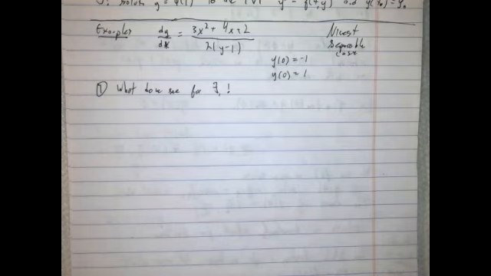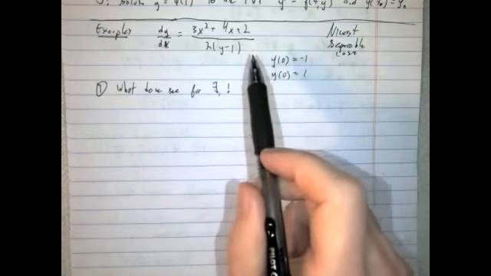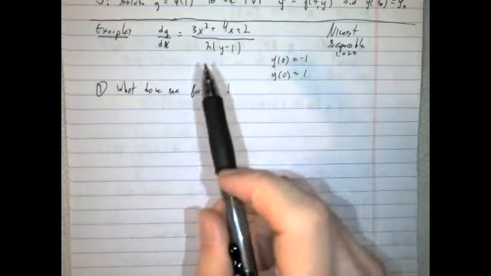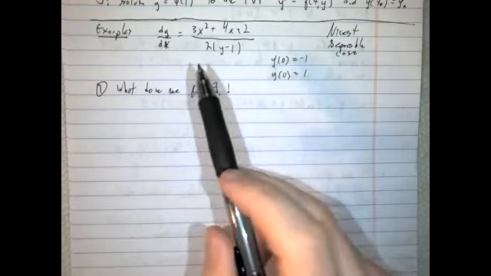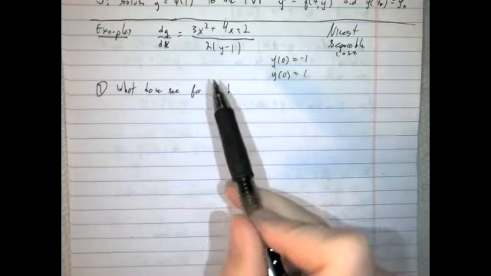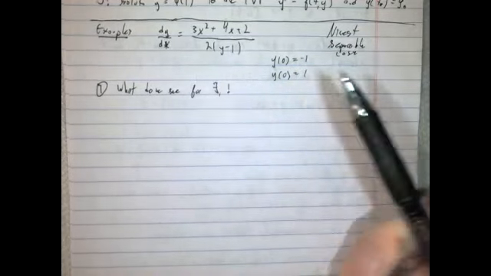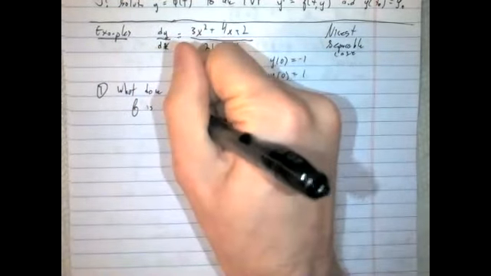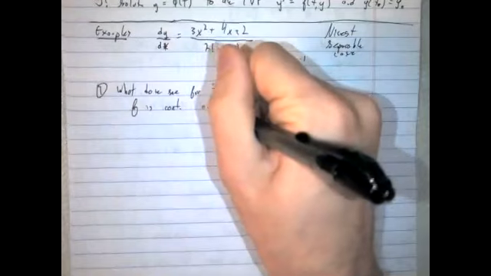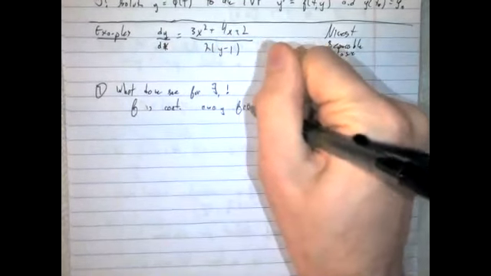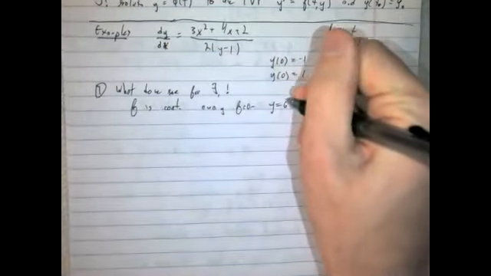It's continuous everywhere except like y equals 1. Exactly. This is a rational function in two variables, but still, it's a rational function. And rational functions are continuous everywhere except where the denominator has zeros. So f is continuous away from y equals 1.